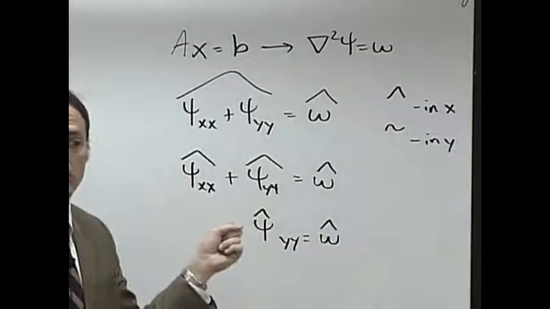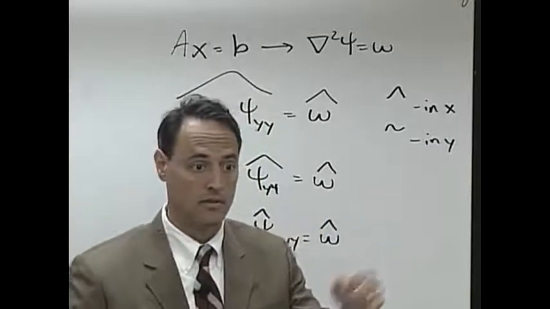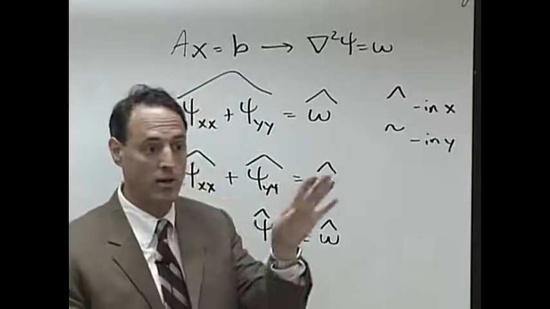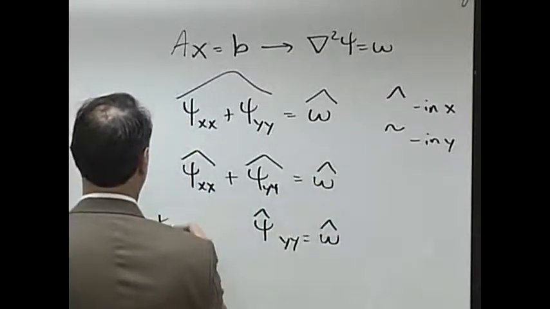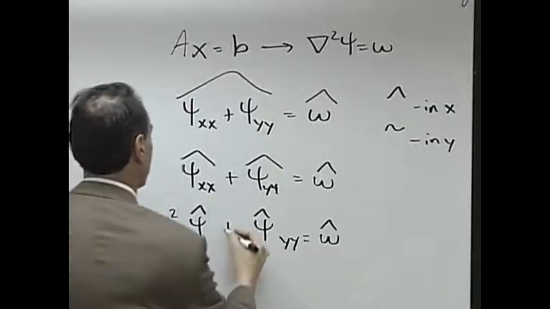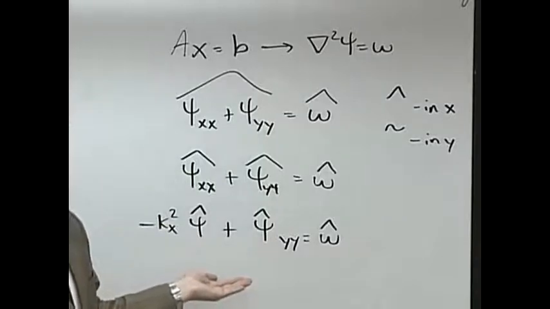Fourier transform in x, I pop out an ik squared. So this is i squared is -1. So I get a minus, let's call it kx squared. That's what happens when I Fourier transform in x.